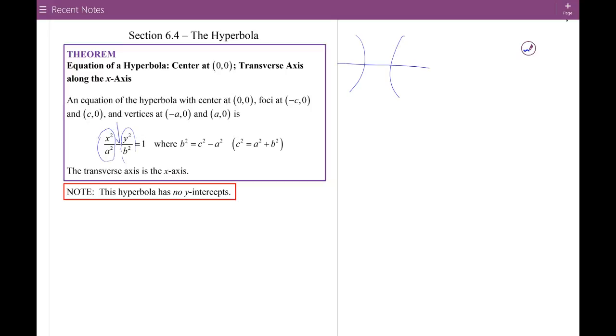This looks a lot like the ellipse, but notice we have a minus sign, so that makes it a hyperbola and not an ellipse. The 1 is consistent with the ellipse and the hyperbola. Then we have that c squared equals a squared plus b squared. So the equation for c squared has a plus in it, but the equation for the hyperbola has a minus in it. Notice that this hyperbola has no y-intercepts. There is no point on the y-axis that belongs to this hyperbola.